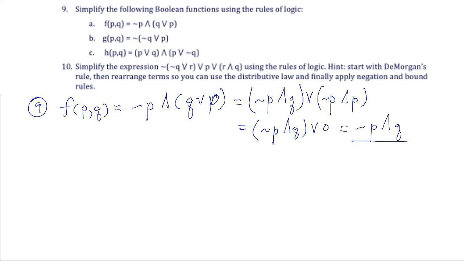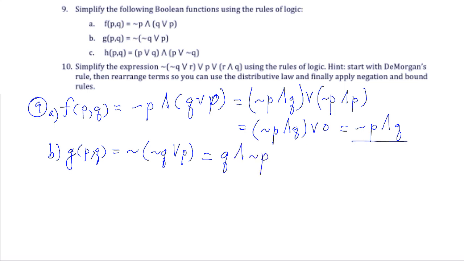So that's part A. For part B, I'm going to write G of P and Q is equal to not Q or P. And I'm just going to apply De Morgan's rule to this and take the minus sign on the inside, and it flips the sign on the Q, flips the OR into an and, and turns the P into a not P. And I guess that's about all you can do with this one.